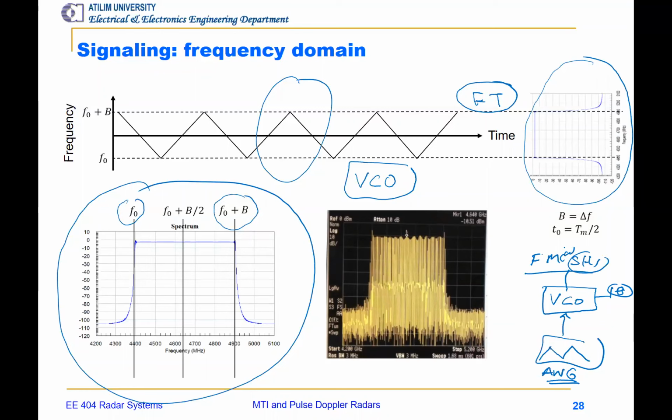And if you connect it to a spectrum analyzer, you will get this spectrum. This is very much like the theoretical one, right? It looks like the theoretical one.